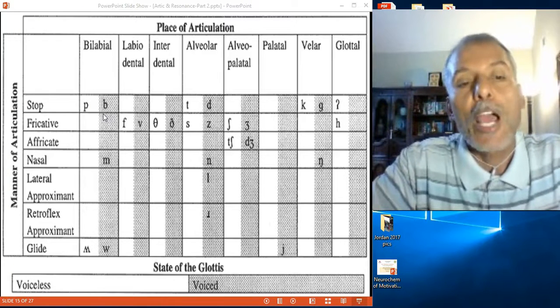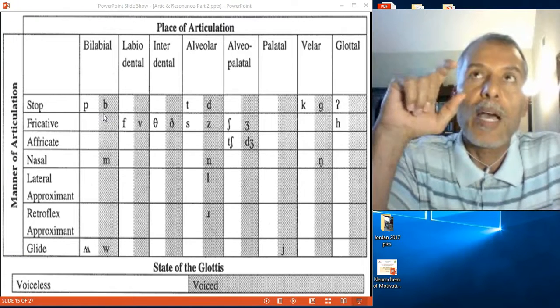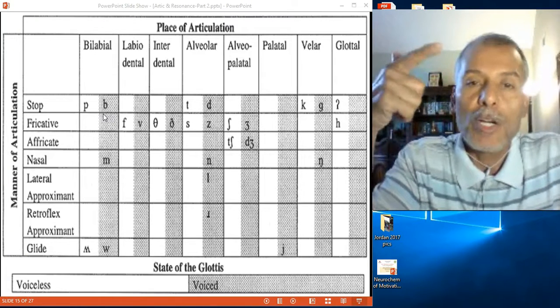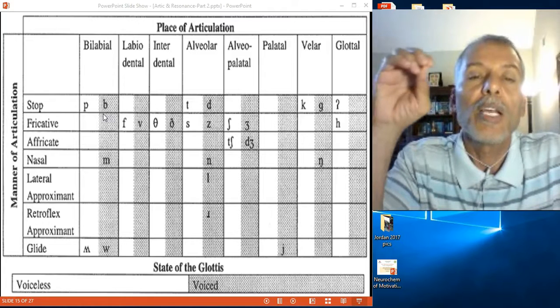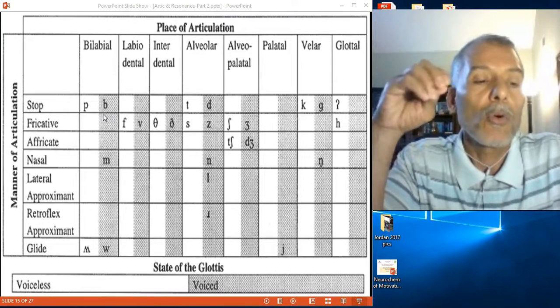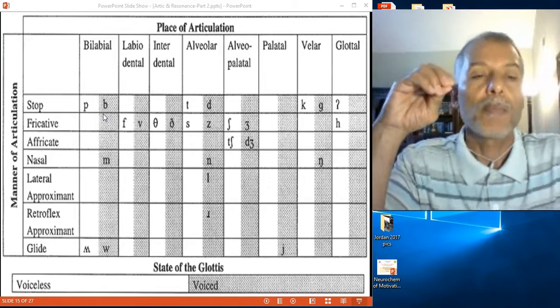A cognate pair is a pair of consonants that have the same placement and the same manner, but they disagree in voicing. Only in voicing. For this reason, you call them cognates or cognate pairs.